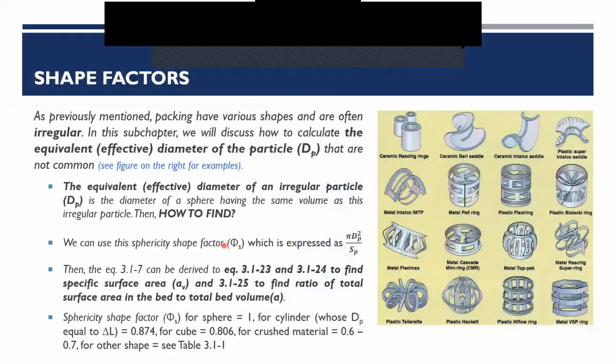We can use the sphericity shape factor, or tau s, like this, which is expressed as pi times the square of the particle diameter divided by the specific surface of the particle. We can use this tau s, expressed in these equations, to find the dp.